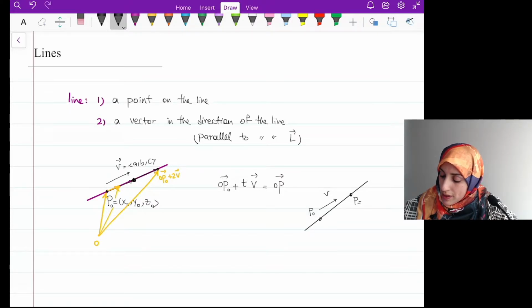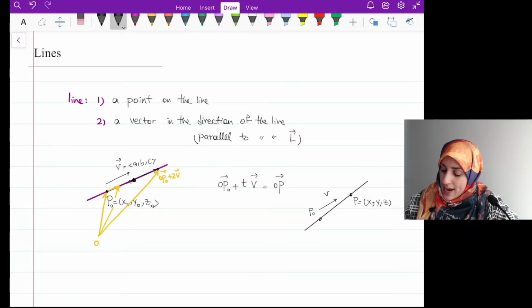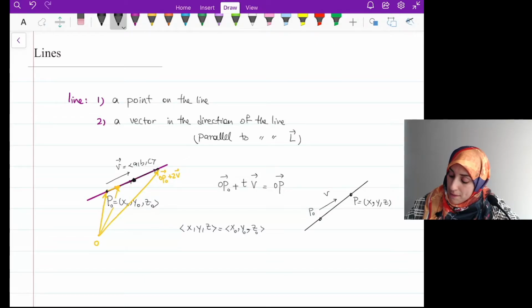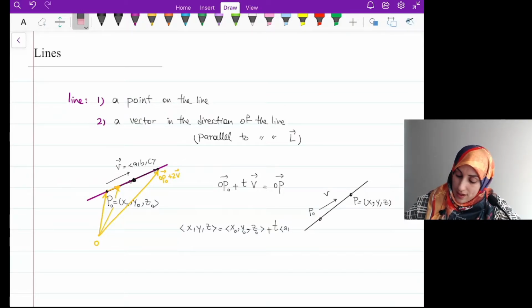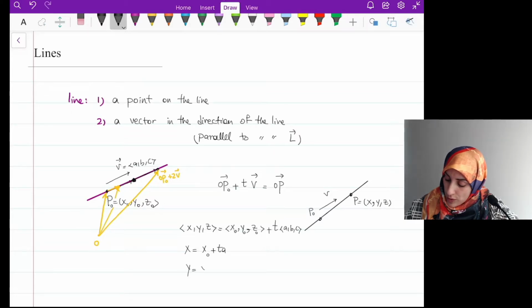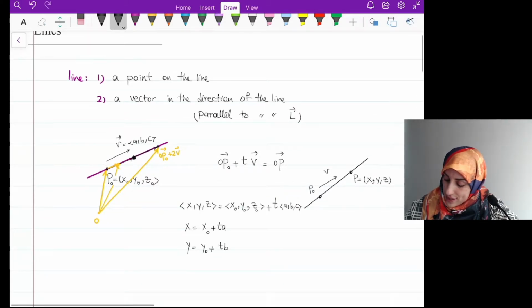Then any point P with the components x, y, z has this equation: x, y, z is equal to OP0, which is x0, y0, z0, the components of P0, plus t times the components of v: a, b, and c. So the first component, x, would be x0 plus ta, y would be y0 plus tb, and z would be z0 plus tc.